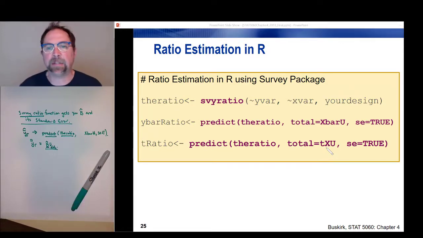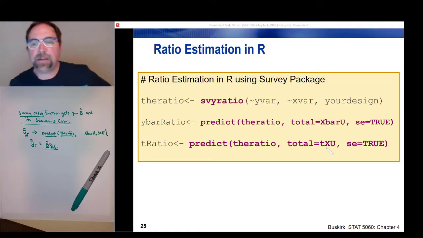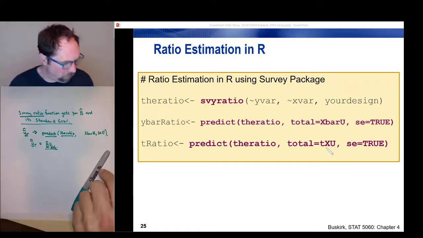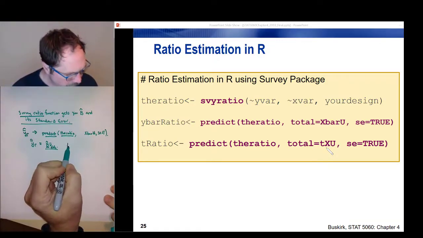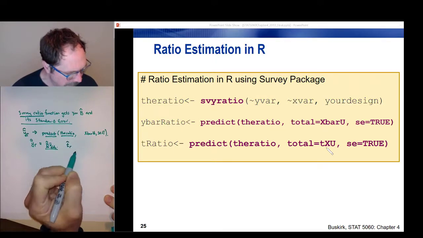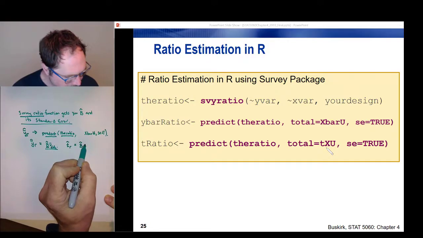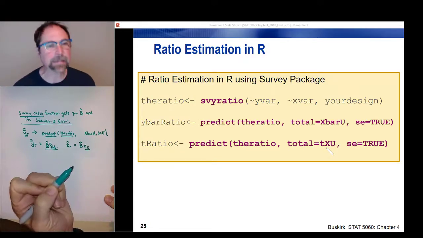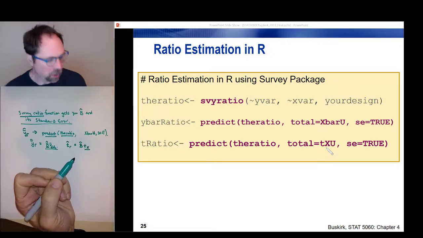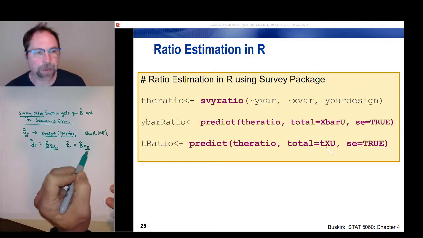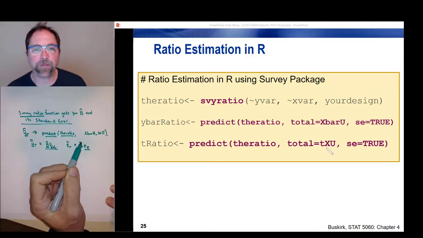So instead of projecting to the sample mean or the population mean scale, you're going to project to the population total scale. You need to have the total here, because remember, the total for a ratio estimator is our B hat multiplied by the total X in the population. So again, this is a projection type estimator, or a predicted value, if you will.